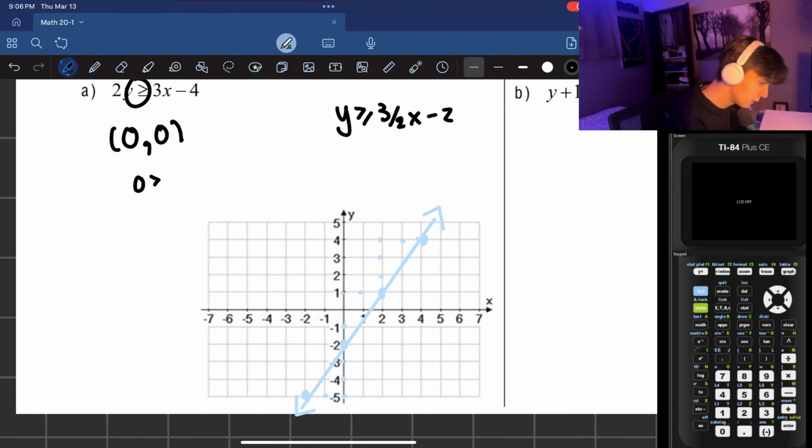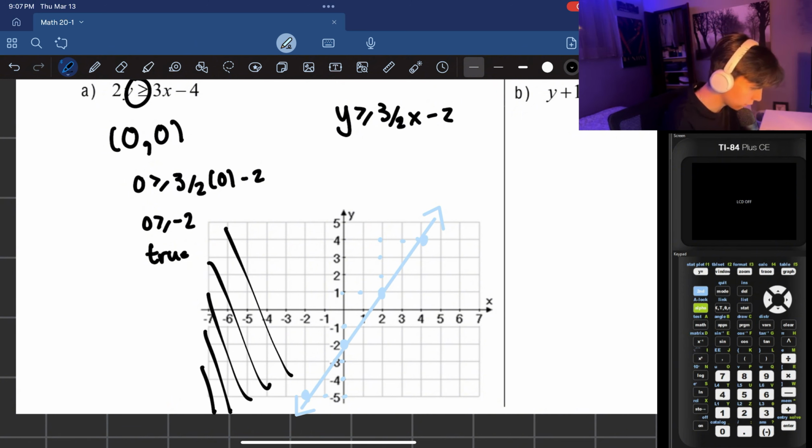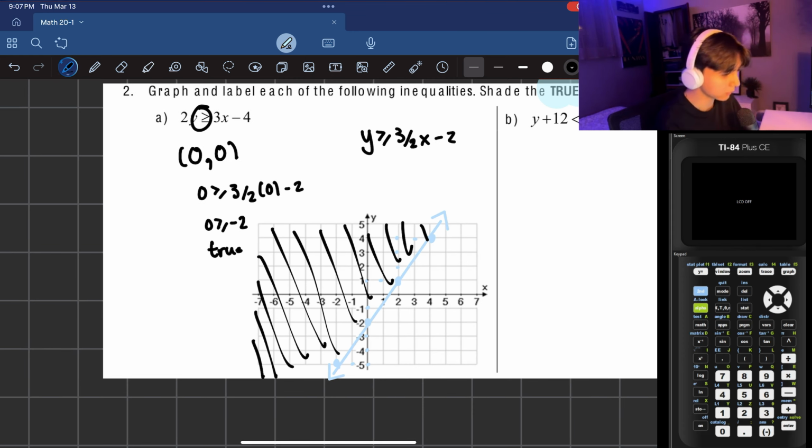We have 0 is greater than or equal to 3/2 times 0 minus 2. Now we get 0 is greater than or equal to negative 2. And since 0 is greater than negative 2, this is true. And if it's true, that means we're going to shade everything above this line. So to shade it, it should look something like that.